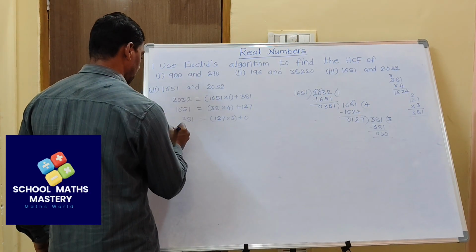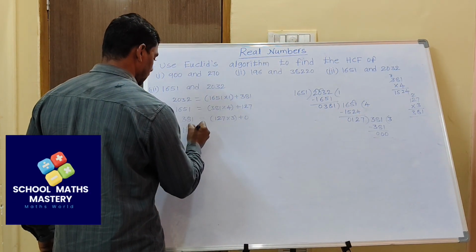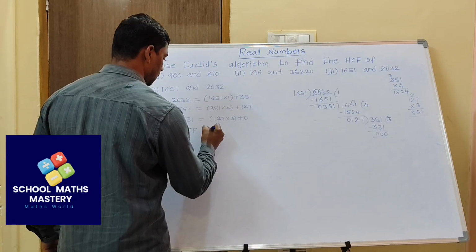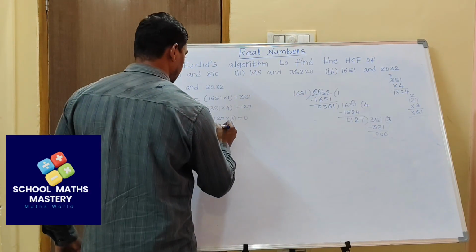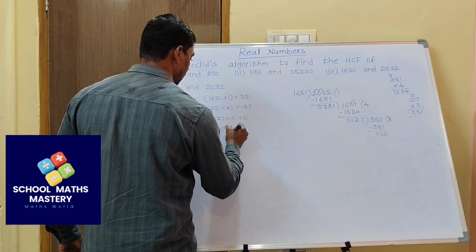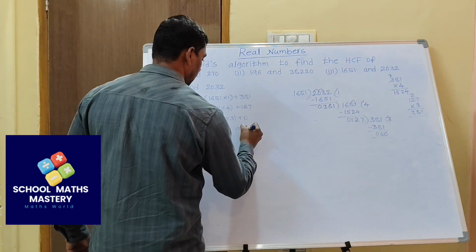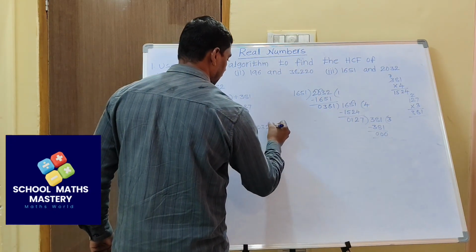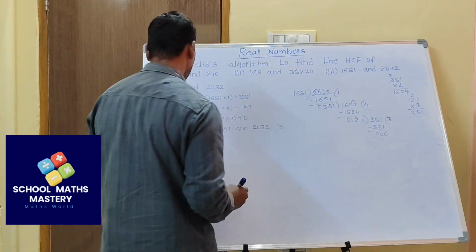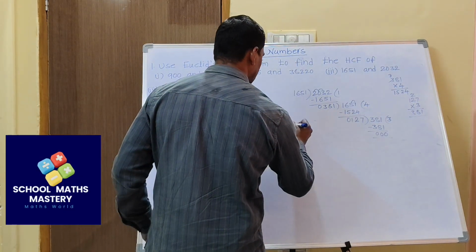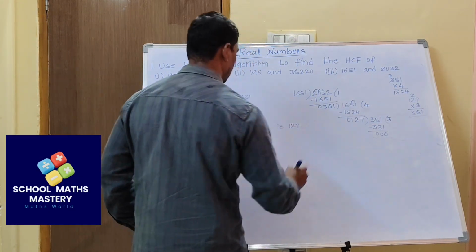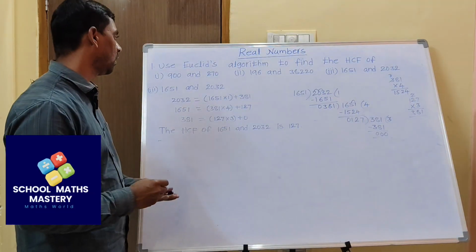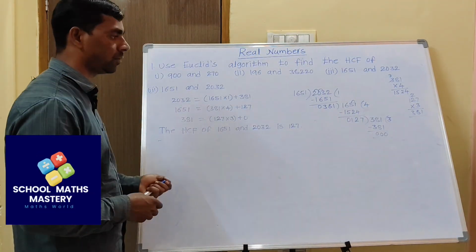The HCF of 1651 and 2032 is 127. Okay, now we are going to the second problem.